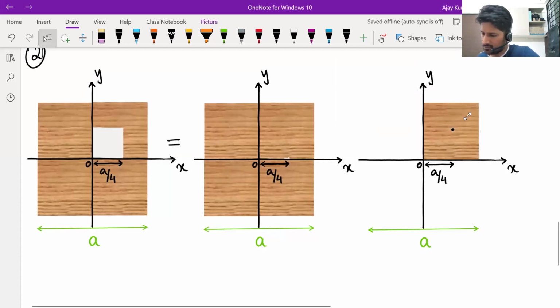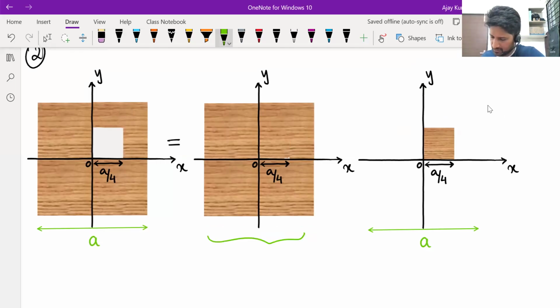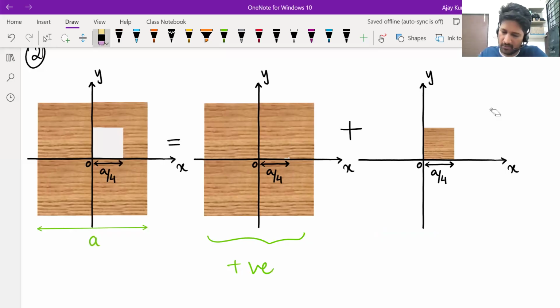What was removed is a small square bit from here, like this. So the given system is equal to this much positive mass, the full plate taken as positive, plus a small negative mass. The missing part will be treated as negative mass.